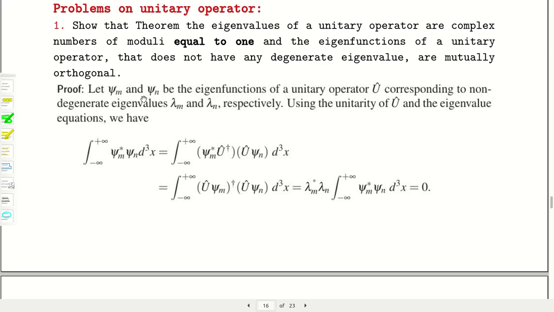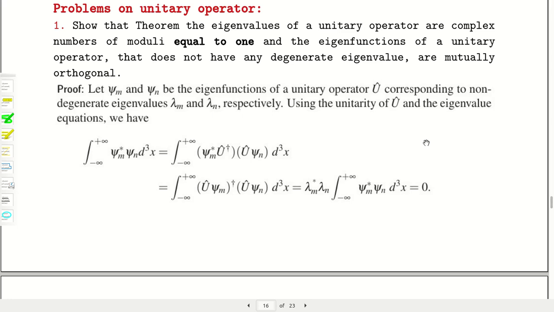Let us start by taking two eigenfunctions psi m and psi n corresponding to the unitary operator U, which has two non-degenerate eigenvalues, that is, for psi m it is lambda m and for psi n it is lambda n. You can write, though it is not written over here, U psi m is equal to lambda m psi m, and U operating on psi n will give you lambda n psi n.